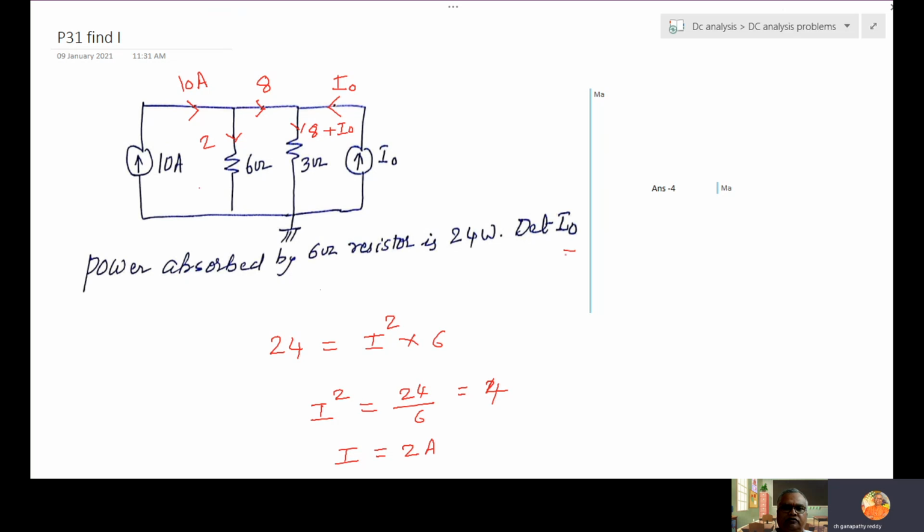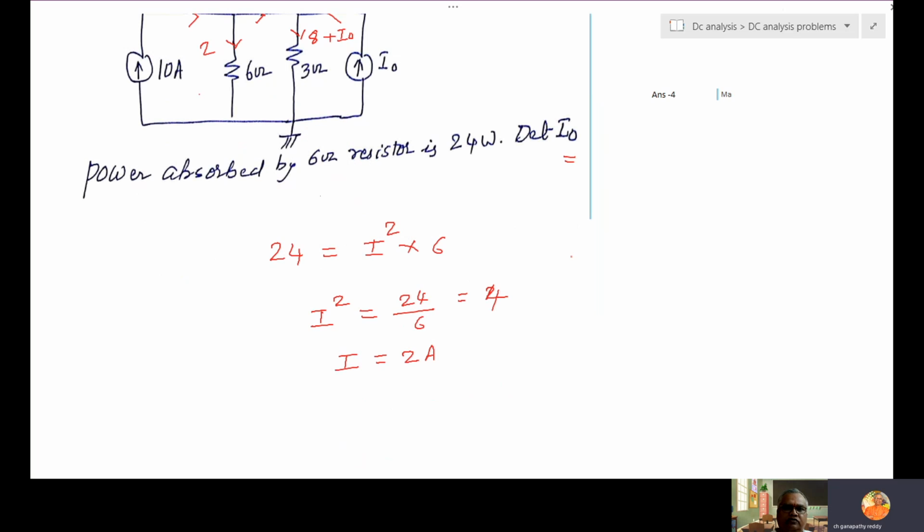So to find I naught, 8 plus I naught, into 3, is the voltage.